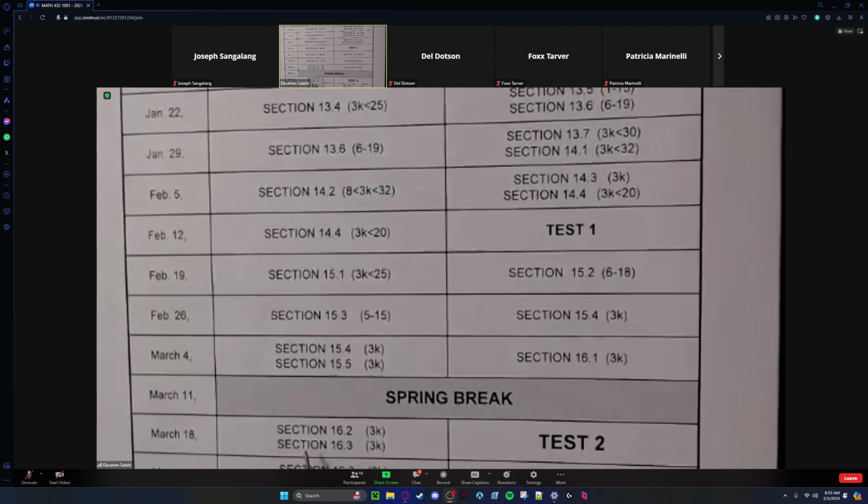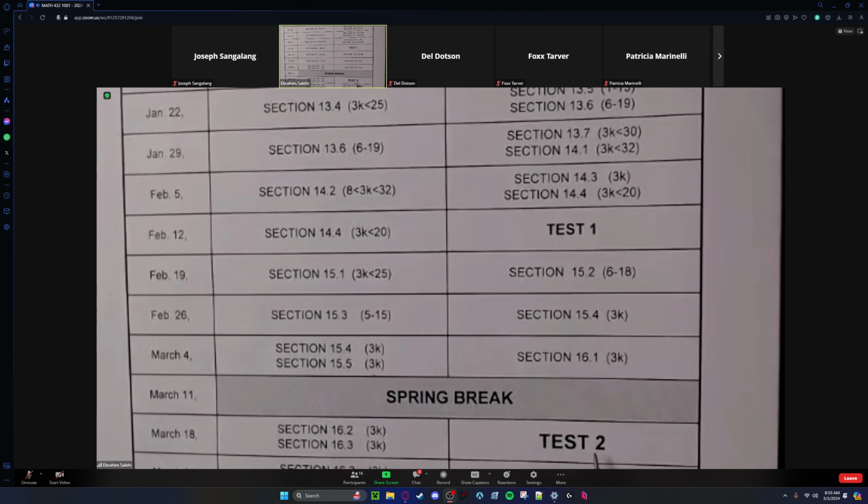better at it because you are going to have a test the Thursday after spring break. And I don't want to cover these materials, 16.2 and 3 both, on Tuesday and then give you a test on Thursday.